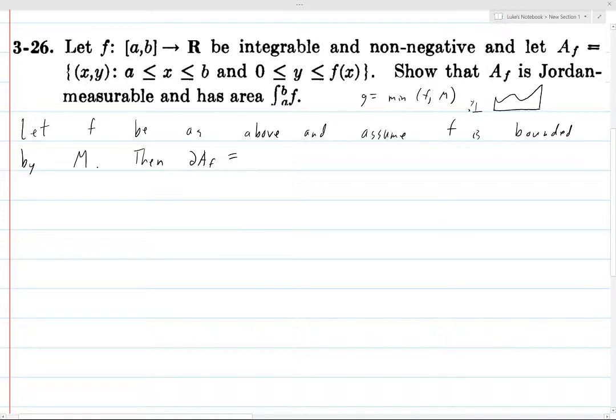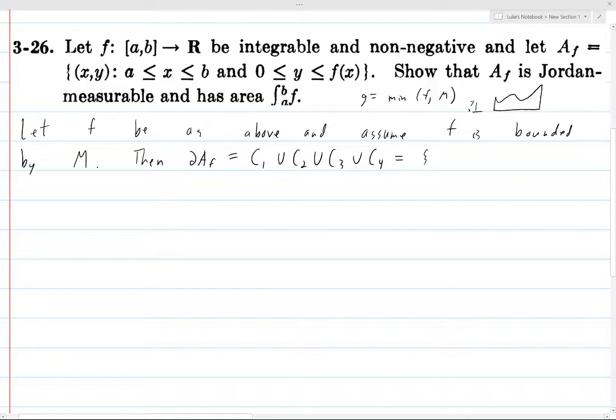So let's see here. We'll call those 4 sets C1, C2, C3, C4. And so C1, we're going to let that be the left vertical line. So this is a collection of points where the x value is a and the y value ranges from 0 to f of a.